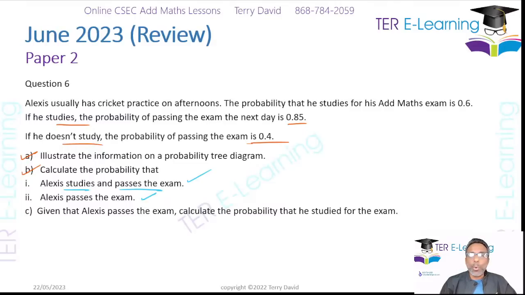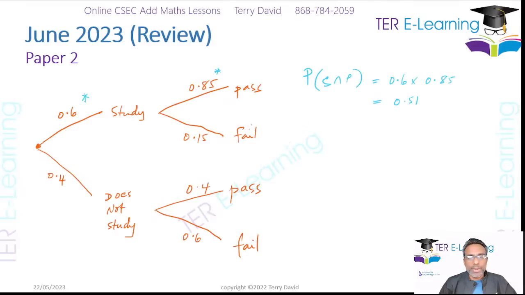Now, the second part, calculate the probability that Alexis passes the exam. If we go to the diagram, we have to look and see all the options where he can pass the exam. So he can study and still pass, or he doesn't have to study and he could still pass. So there are two possibilities that we have to look at here, this one and this one. For the probability that he passes, you have two options. He could study, which is 0.6 multiplied by 0.85.